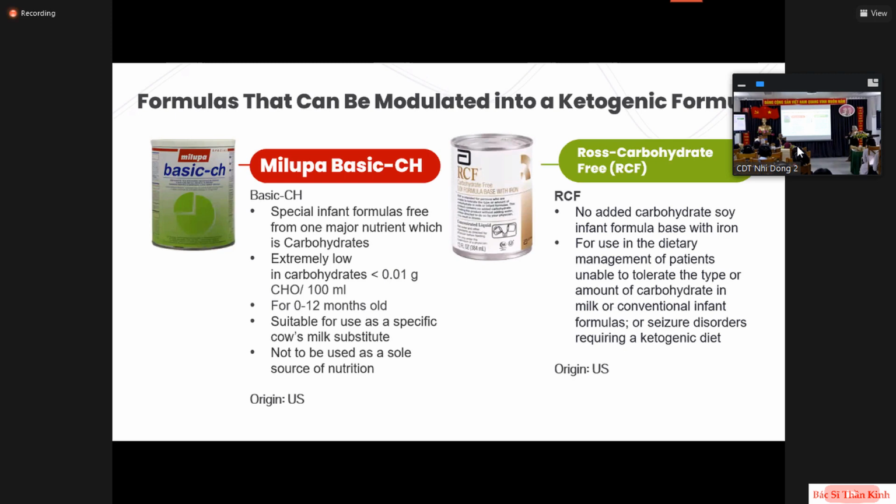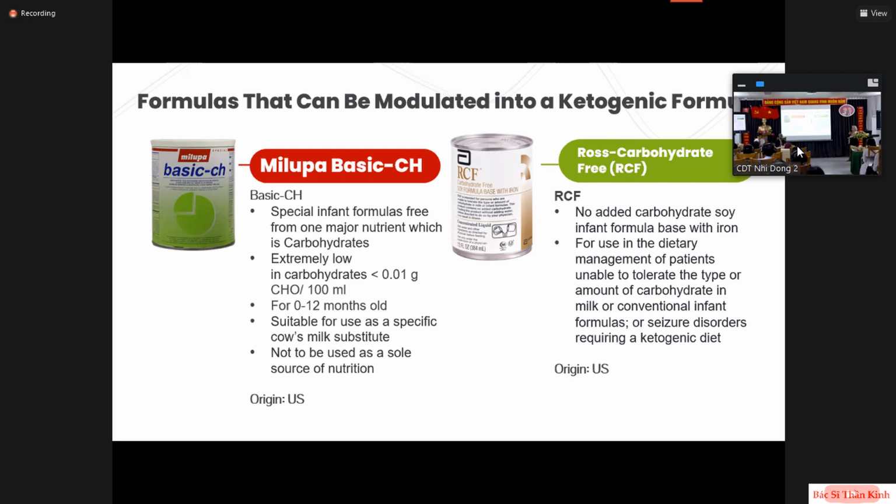And these two are not actually commercial formulas for ketogenic diet, mainly for inborn error of metabolism diseases. All right, but we can also modulate this into a ketogenic diet because it is very low in carbohydrate. This one makes up to a 2:1 ratio, while this one makes up to a 1.8 to 1 ratio. You can incorporate this into a ketogenic diet.